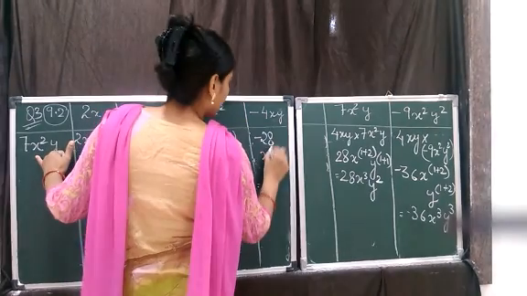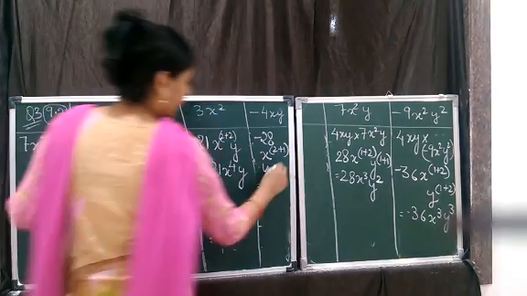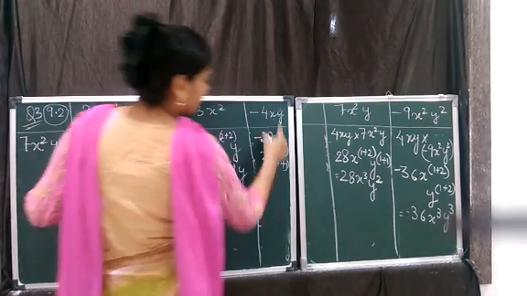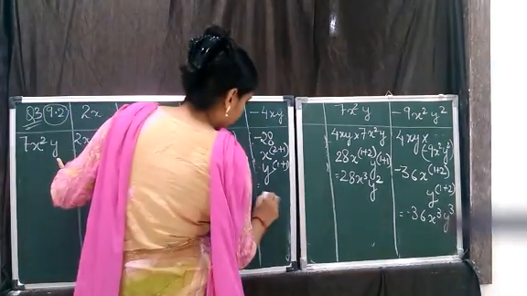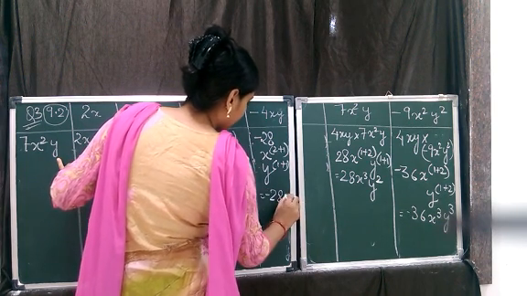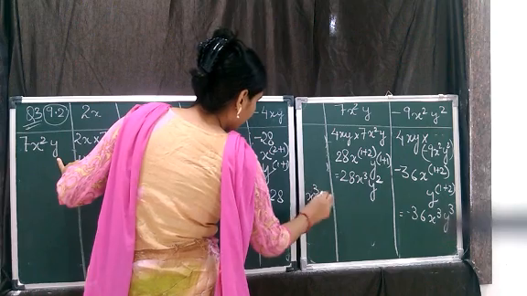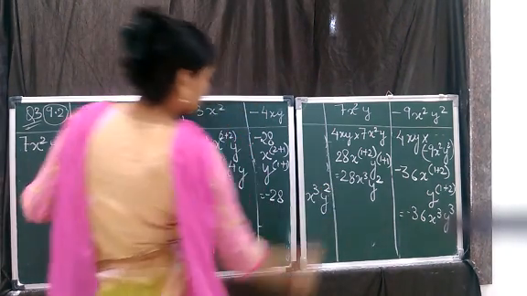It is 2 plus 1 and power of y will also be added. It is 1 plus 1. Y is here 1 and here also 1. So the new answer is minus 28 x cube and y square.